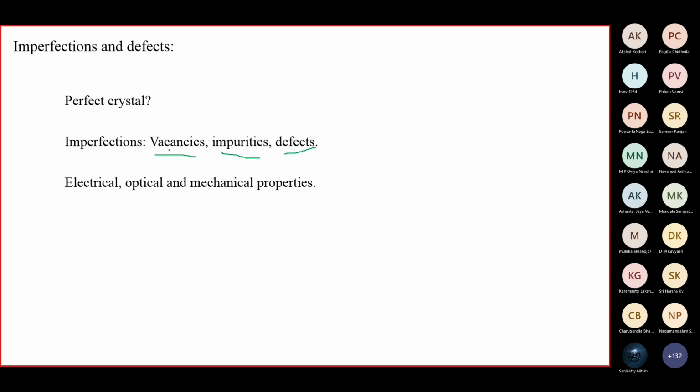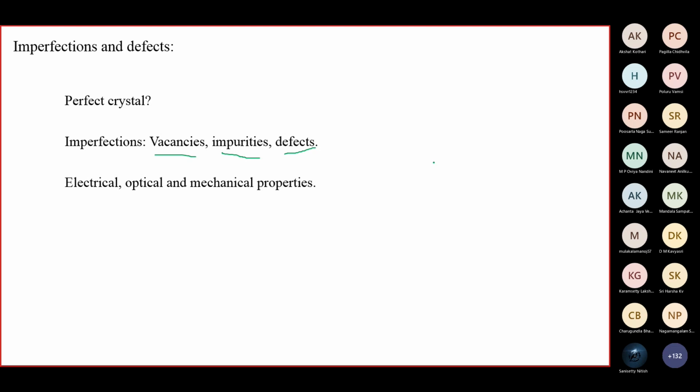So what is the importance of these imperfections in our study? Or why are we interested in these imperfections? Because these imperfections affect our electrical, optical, and mechanical properties. When we build a device, we expect optimized properties to be exhibited by this device, be it electrical, optical, or mechanical.